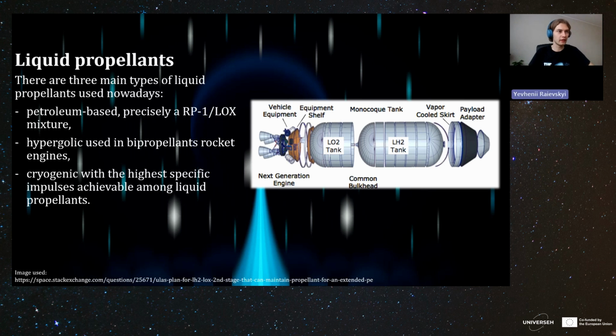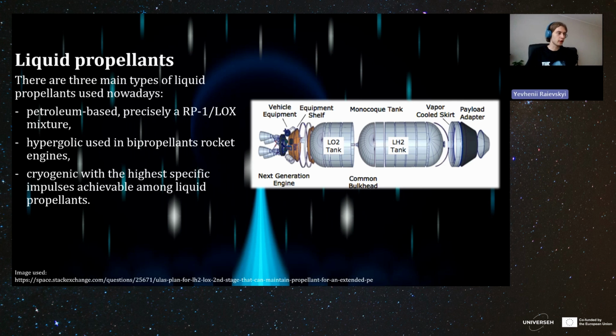For example, cryogenic pairs, most notably, of course, is liquid hydrogen and liquid oxygen. They are mixed together in the combustion chamber. And during the combustion reaction, H2O, of course, creates water vapor, exactly.